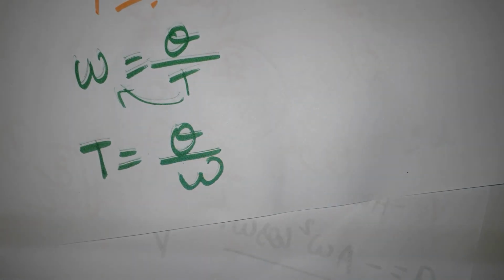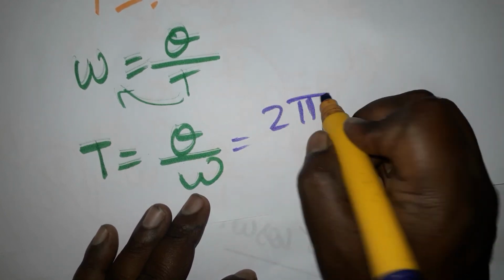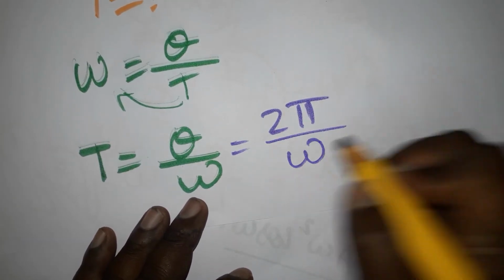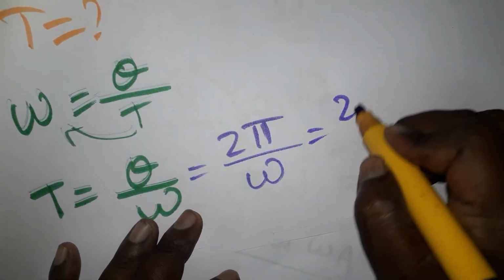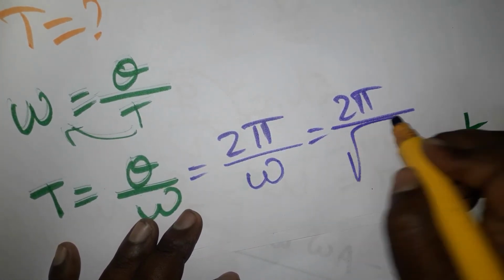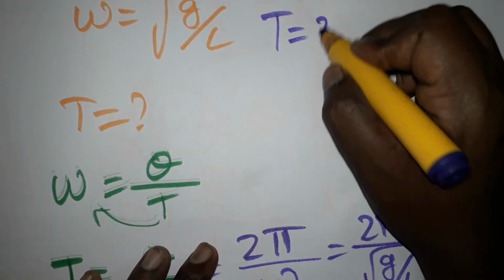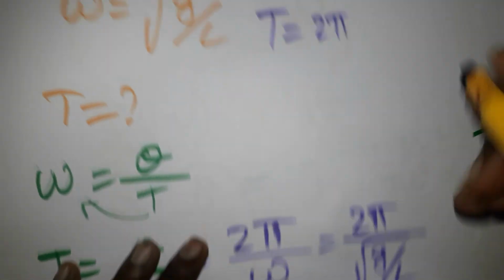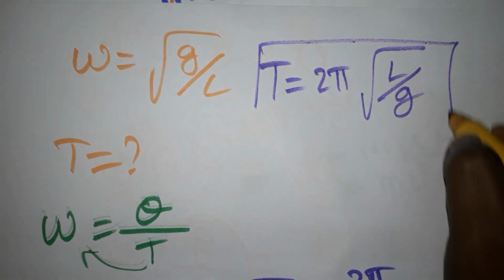For one full rotation, theta is 2 pi. Omega we already have as root of g divided by L. So it is 2 pi divided by root of g divided by L. Flipping the equation, finally the time period is equal to 2 pi root of L divided by g.